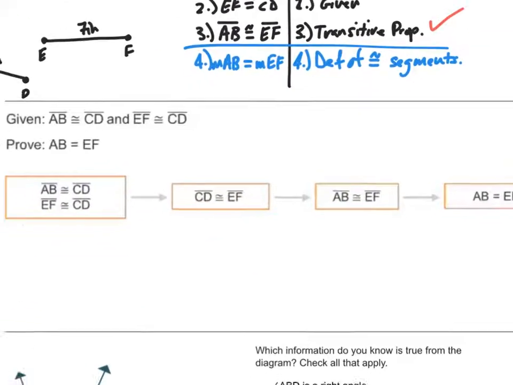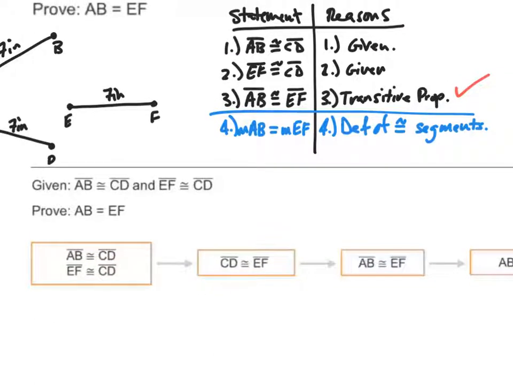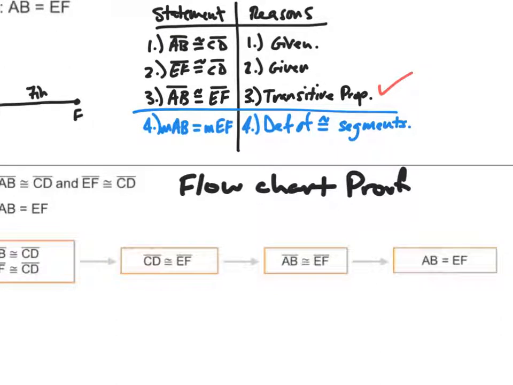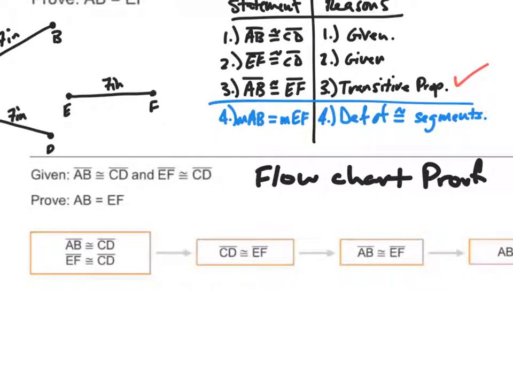Okay, now this is a flow chart proof. Usually what you want to do is, under each box, provide a reason.